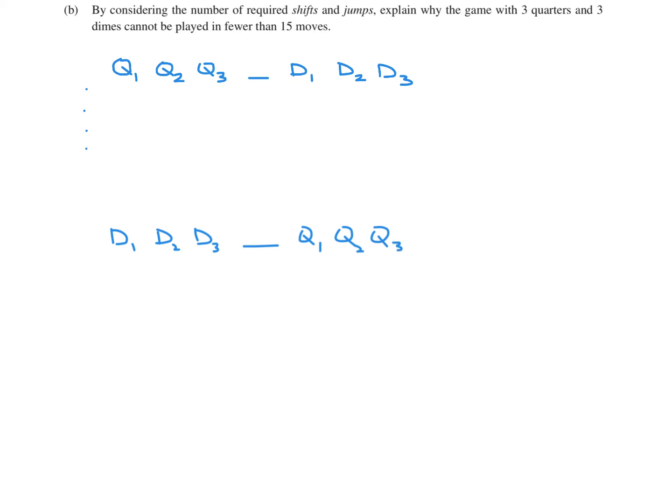So they want you to go from here down to here in a certain number of moves, and they want you to explain that it cannot be done in fewer than 15. So 15 is the absolute minimum.